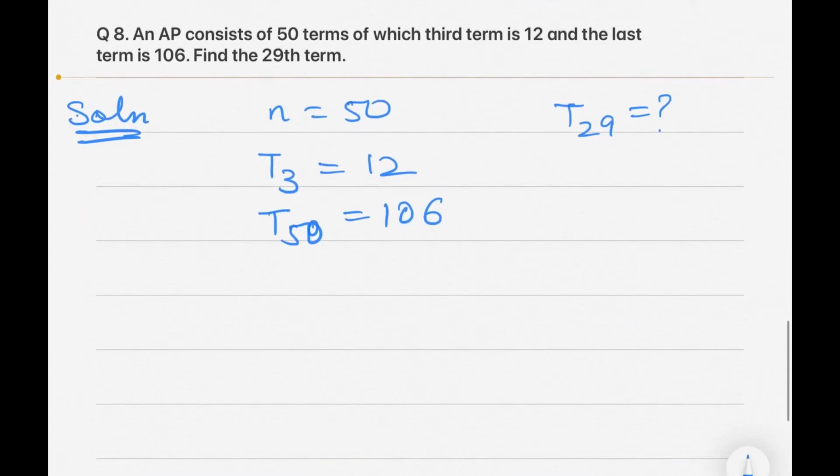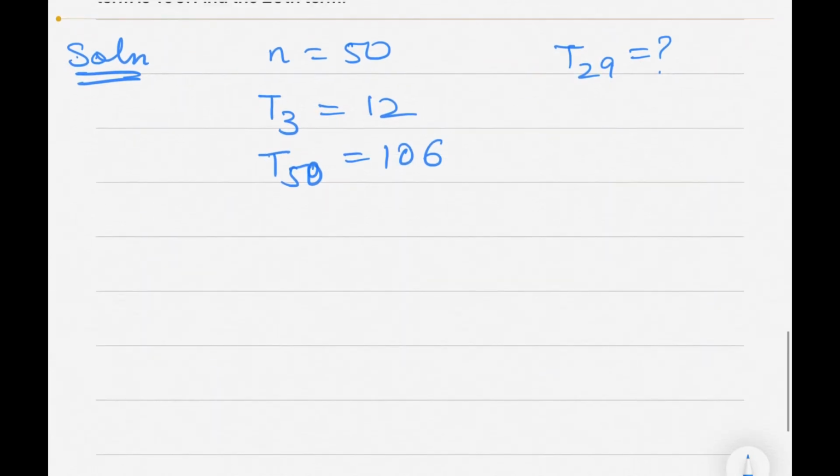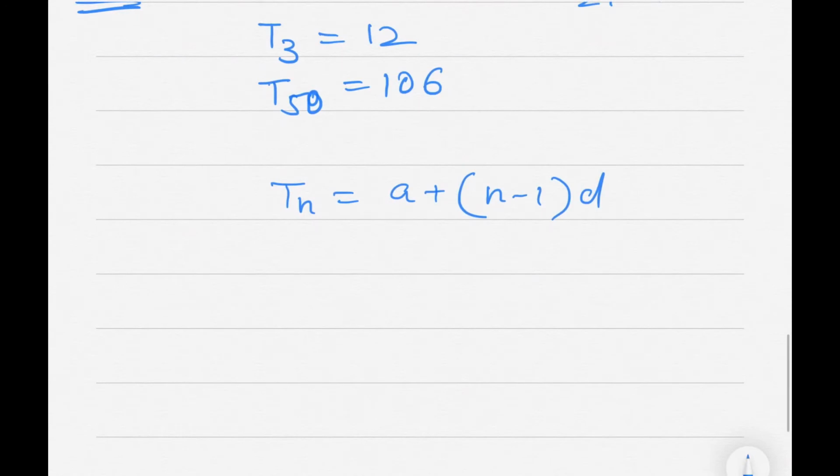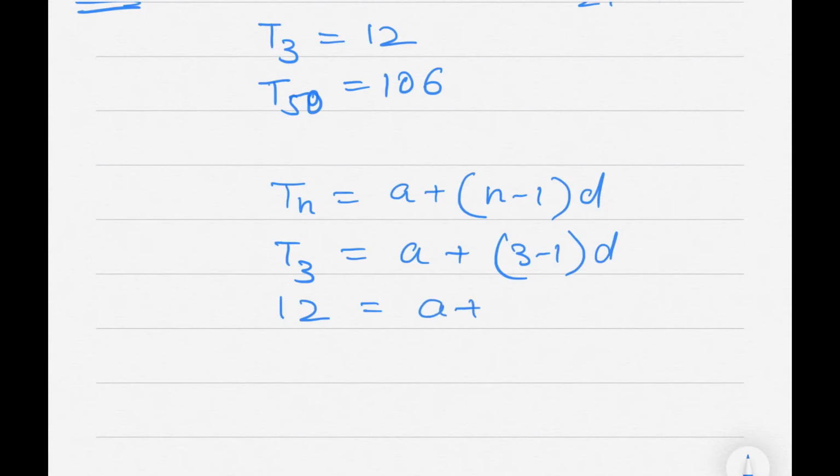Now again this is similar to the previous one. So I'll use the formula Tn is equal to a plus (n minus 1) into d. Now the third term is a plus (3 minus 1)d, so the third term is given as 12, a plus 2d.